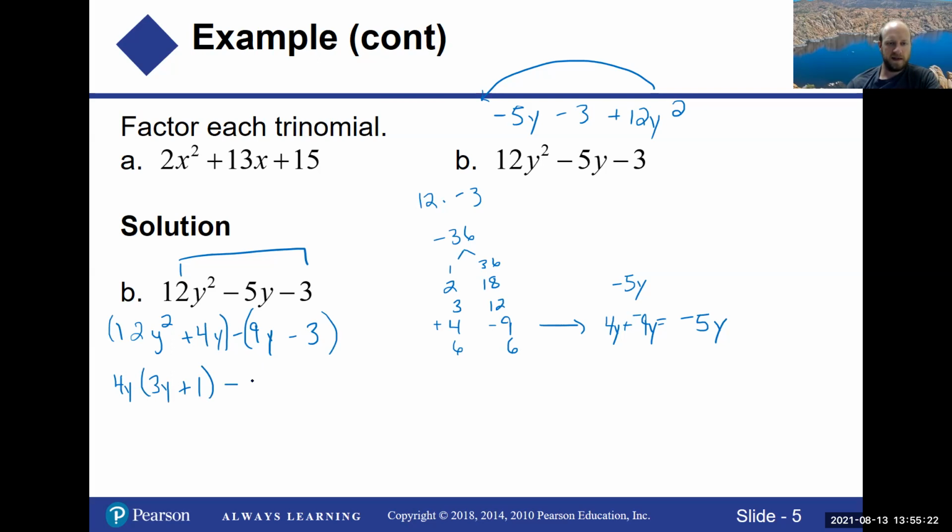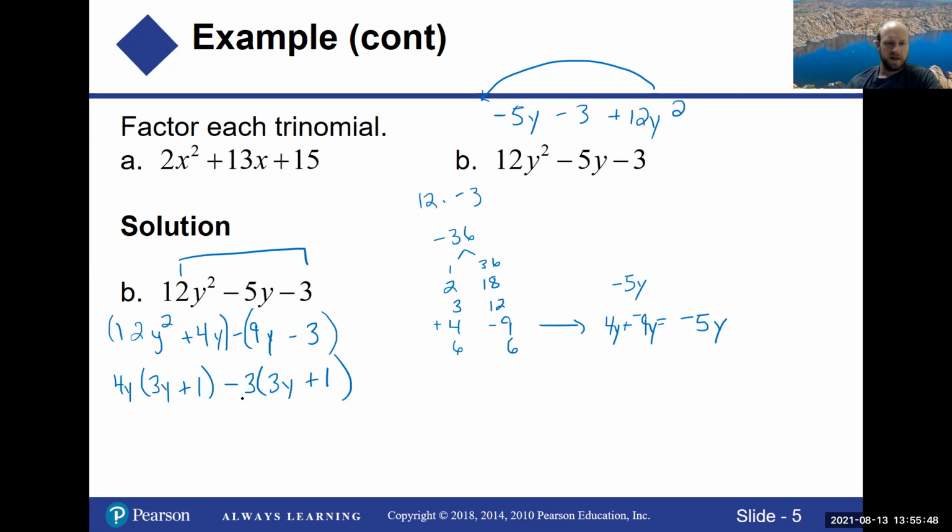I take out the negative. Let's see. Yeah, negative 3. And I have a 3y plus 1. And there we go. And if I distributed that, it would give me what I originally had here.